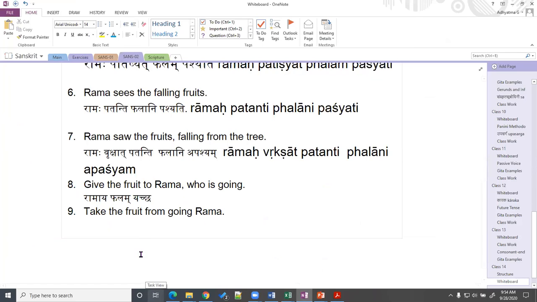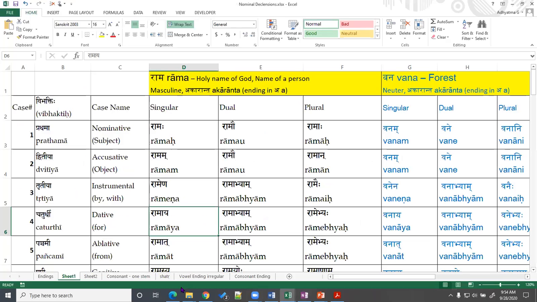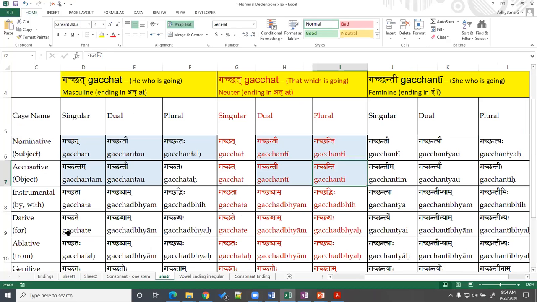Ramaya phalam yacha. And now Rama who is going, that is the participle here, and because this is an adjective for Rama, that also will become the fourth case singular. So the dative singular is gacchate.